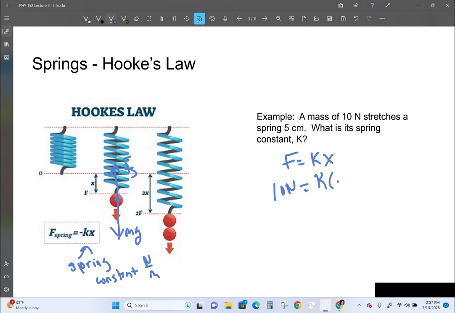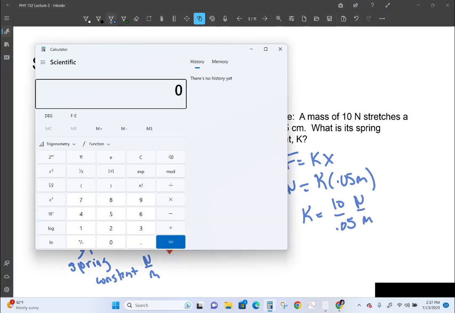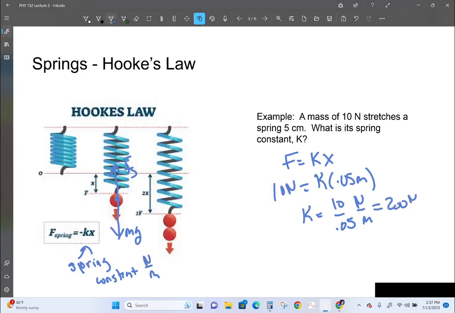And 5 centimeters is 0.05 meters. Everything needs to be in meters and seconds. So k is going to be equal to 10 divided by 0.05 newtons per meter. If we do that, we get a spring constant of 200 newtons per meter. So it takes 200 newtons to stretch or compress it 1 whole meter.